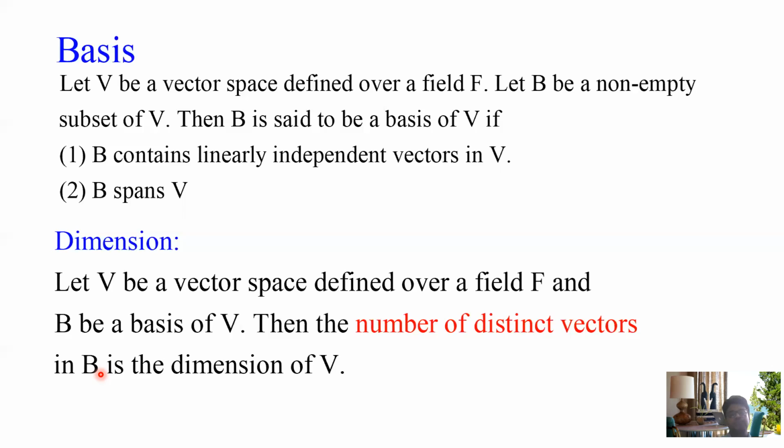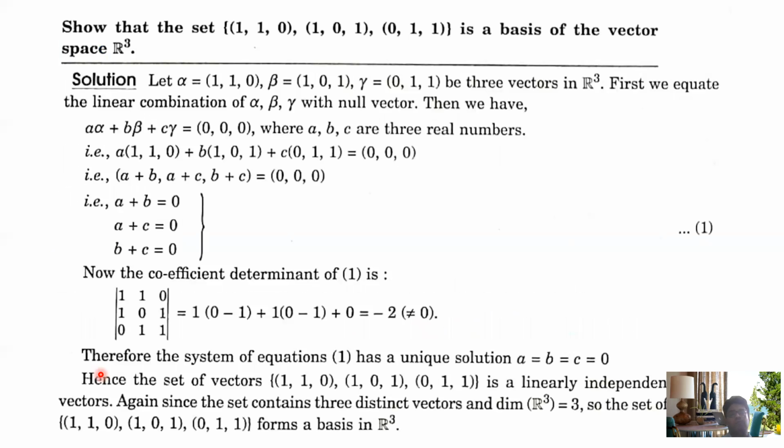Now try to understand, very easy. The set of vectors 1 1 0, 1 0 1 and 0 1 1 is a basis of the vector space R3. This type of question you can expect from here.